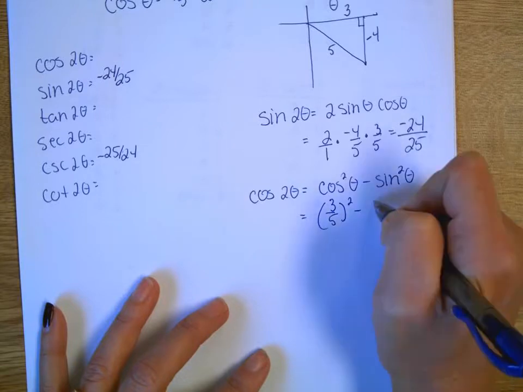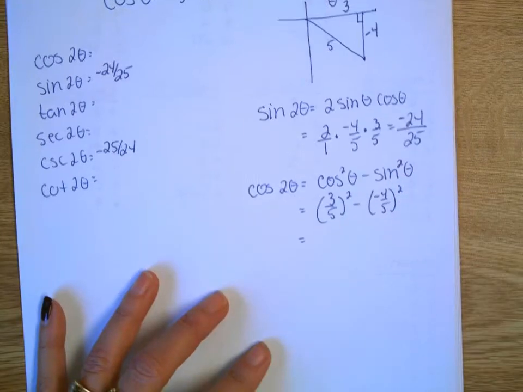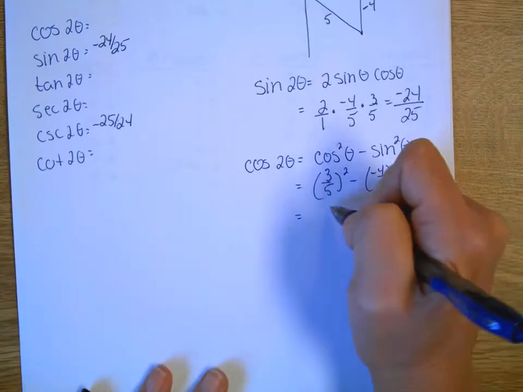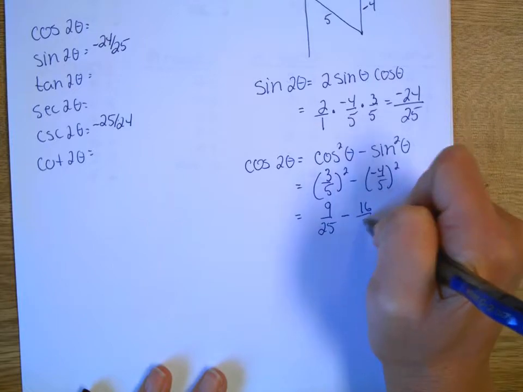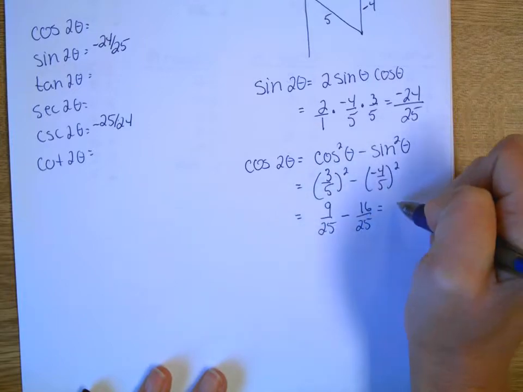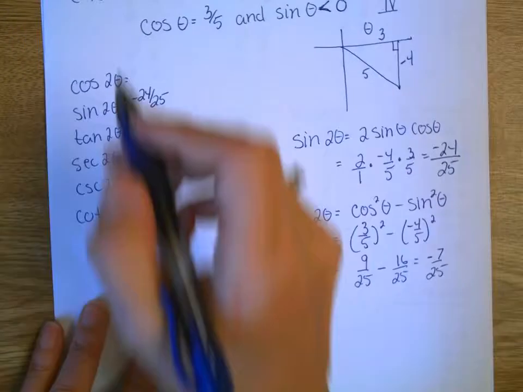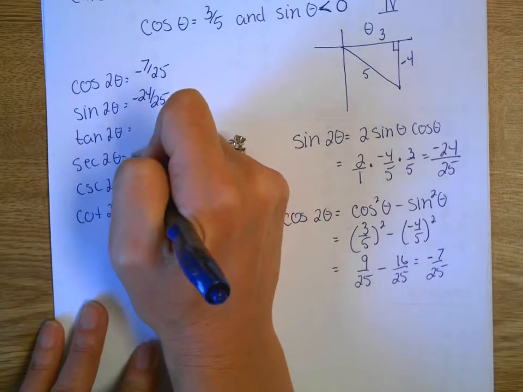The sine is -4/5, and we've got to square that. So that makes 9/25 minus 16/25 for a final answer of -7/25. There's my cosine. -7/25, which makes secant.